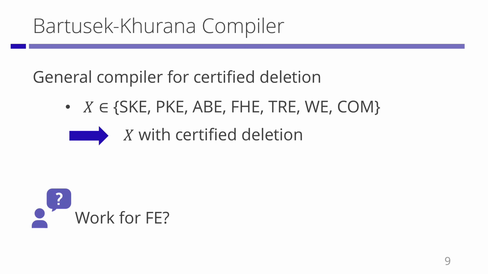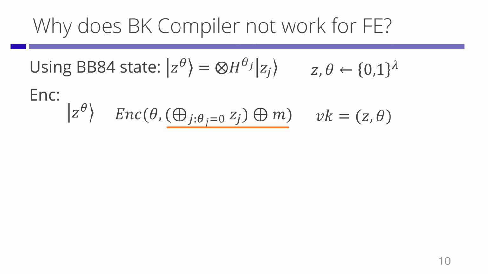So if we use public key encryption as the underlying cryptographic primitive, then we can obtain public key encryption with certified deletion by using this compiler. However, the question is whether this compiler works for FE or not. The answer is no. Why?